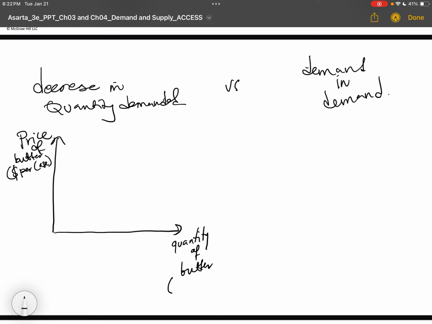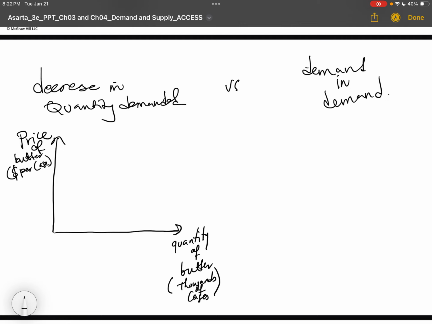And quantity of butter, the measurement will be in thousands of cases. Could be a wooden case or a box, right? Like a carton case. Okay.